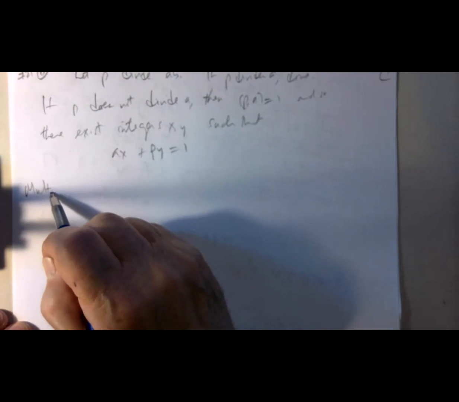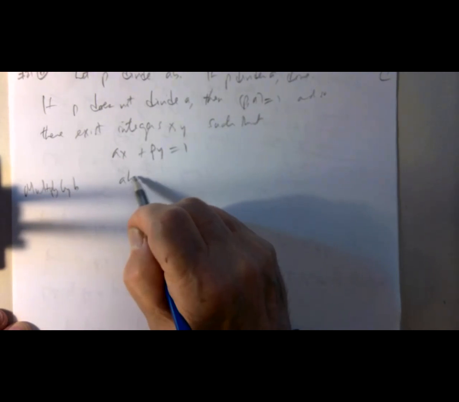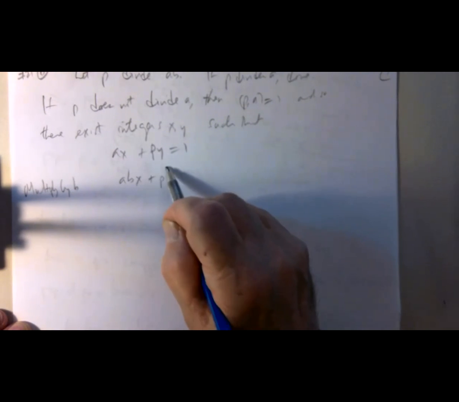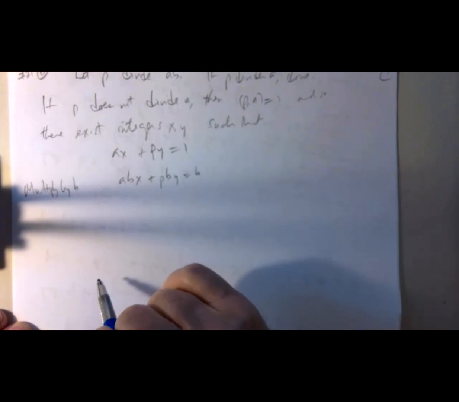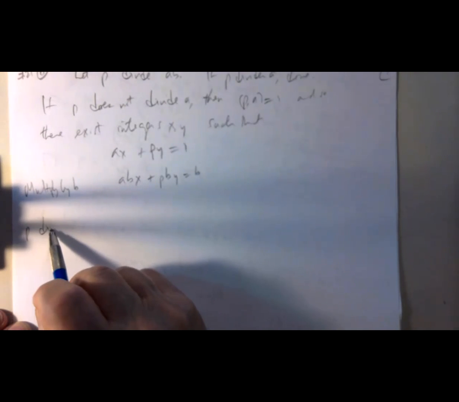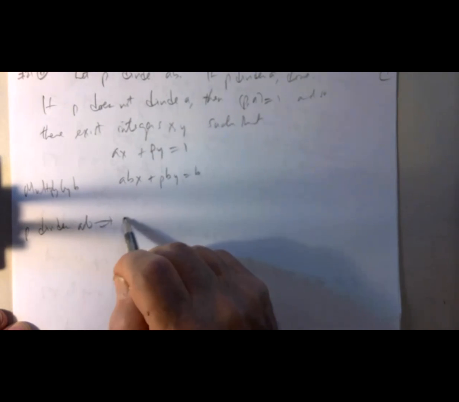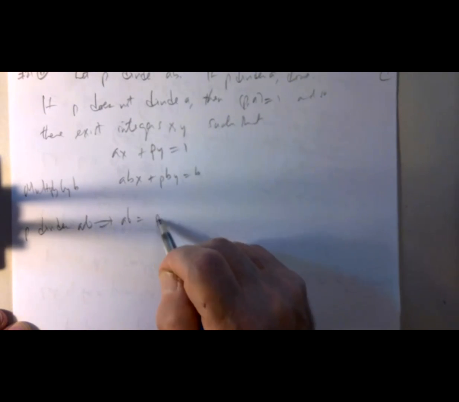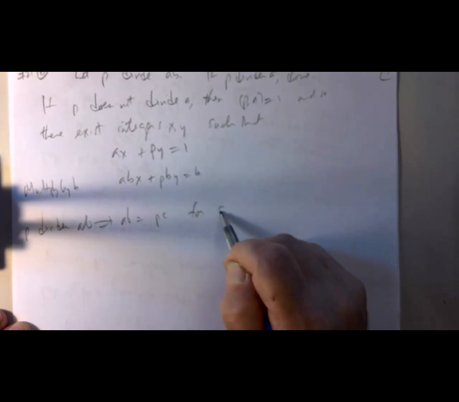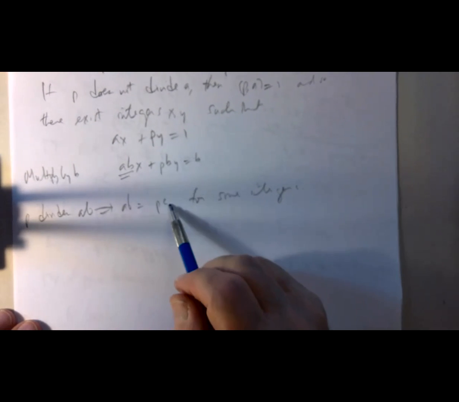So take this equation and multiply by B. You get ABX plus PBY equals B. But if P divides AB, that means AB is P times C for some integer C. So I can replace this by PC.